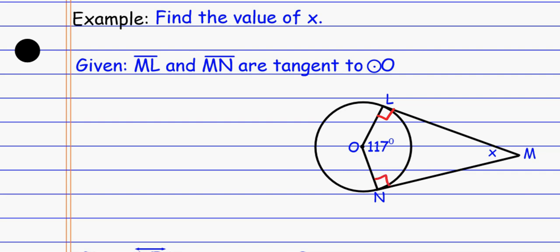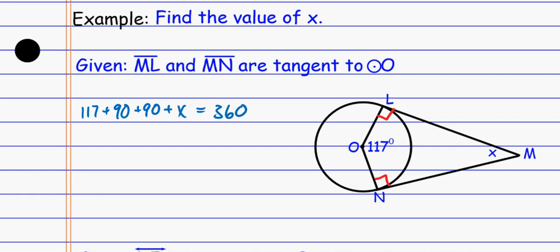If I have a tangent line and a radius that goes to the point of tangency, it's automatically 90 degrees. Now I can look at the shape LMNO. That is a four-sided figure, which means the angles inside of it have to add up to 360 degrees.